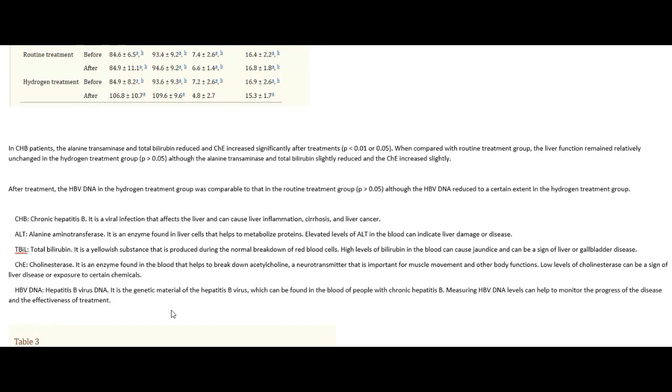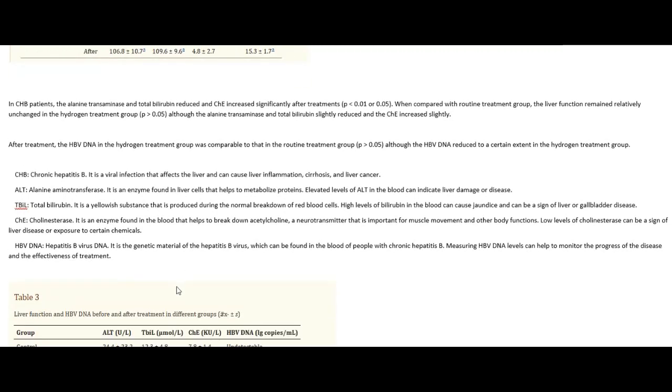When compared with the routine treatment group, the liver function remained relatively unchanged in the hydrogen treatment group, and the p-value was greater than 0.05. The alanine transaminase and total bilirubin slightly reduced, and the cholinesterase increased slightly.